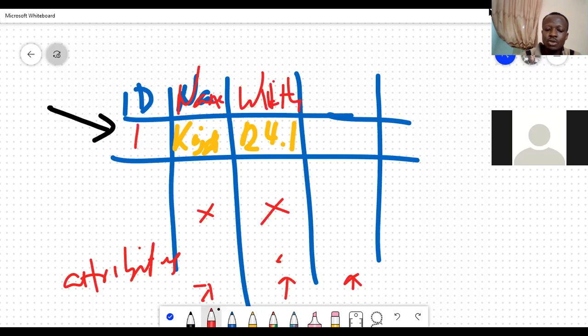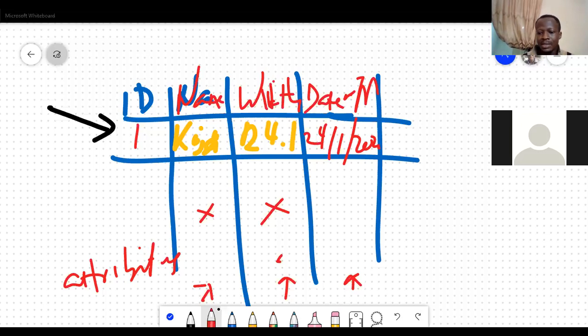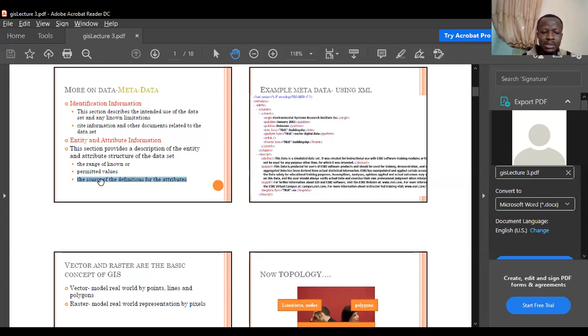Then we can say date of maintenance, so we can keep the date here, 24/1/2020. Even though you don't see a table like that in there, that is what we're talking about.